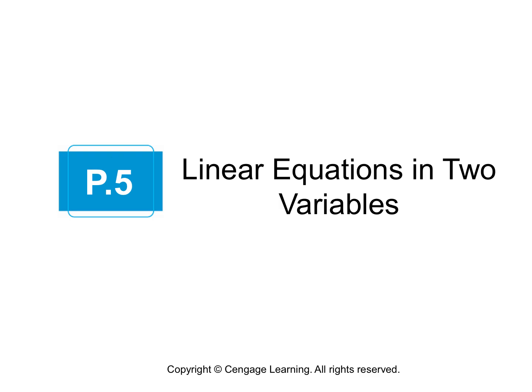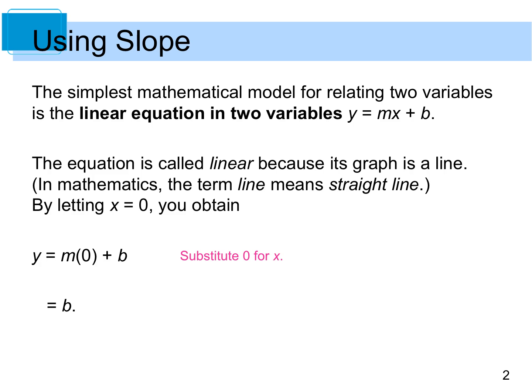All right, P5, we're talking about linear equations in two variables. So we're going to talk about lines. With lines, we use slope. We have two variables in our linear equation. The simplest form of writing it would be this, y equals mx plus b.